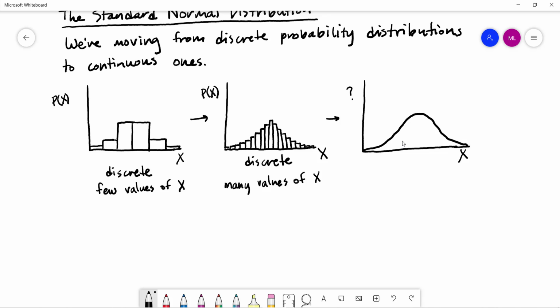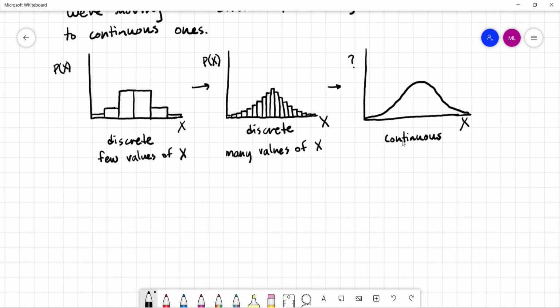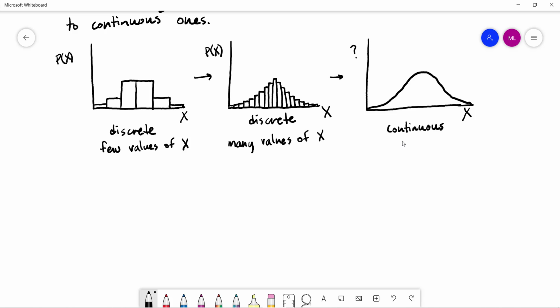This one is what we call a probability density function. When we're dealing with the continuous case, the initials stay the same. It's still going to be a PDF, like we saw on the calculator, for example, binomPDF, binomCDF. We still have those same letters, but now they stand for a density function instead of a distribution function.